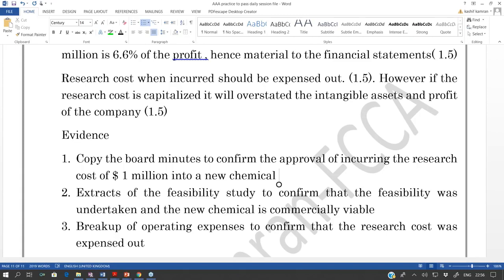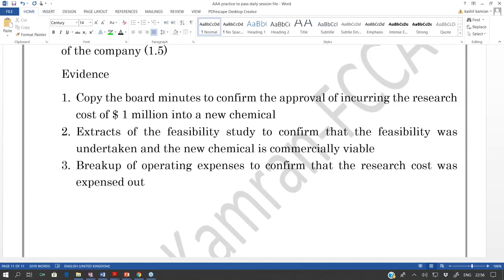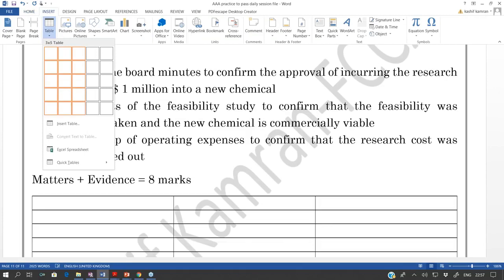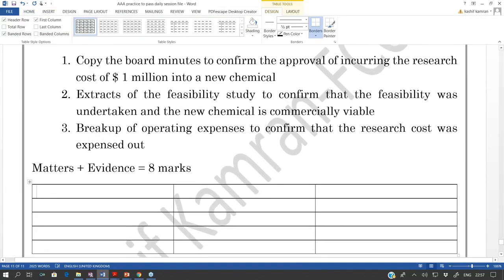No, no, no, not at all, Umar. See this situation. I have to write matters, plus I have to write evidence, and I have to score 8 marks. Now, if I make a formula in the exam paper, something like this, there is a student one who says, I'll write only matters and score 8 marks.